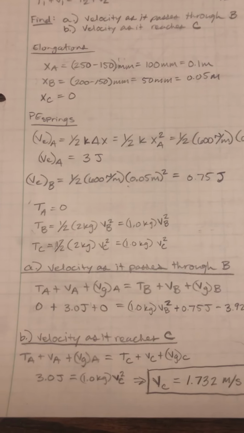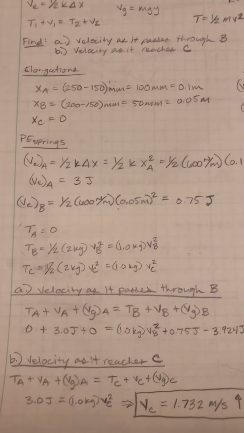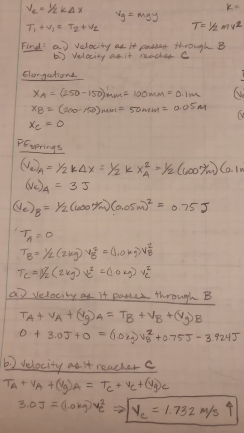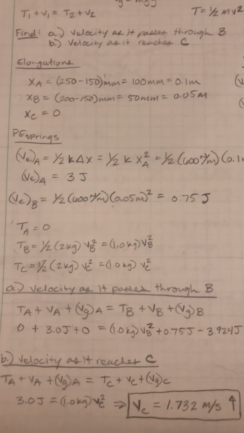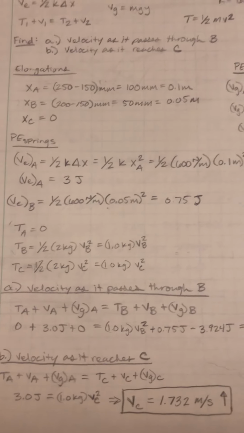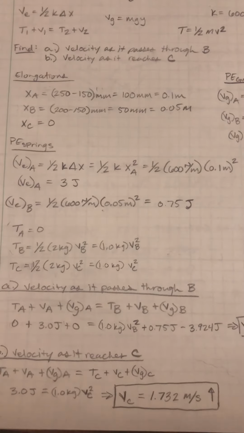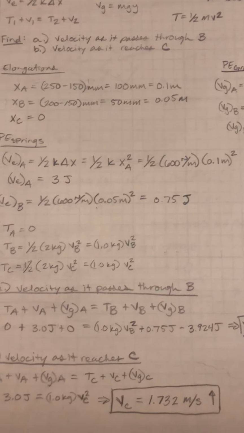And so we have T sub A plus V sub E at A plus V sub G at A equal to T sub B plus V sub E at B plus V sub G at B.